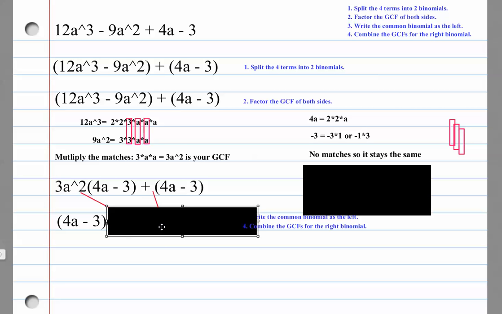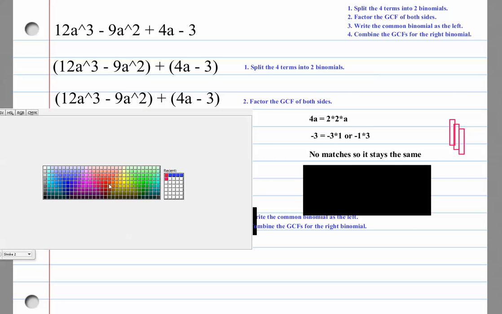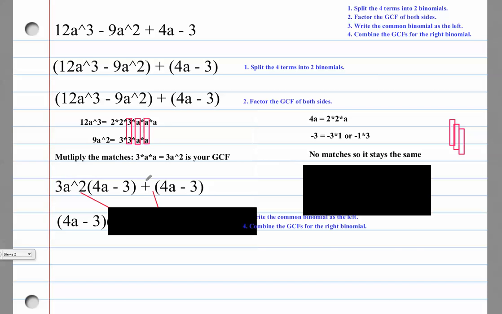And then for the right-hand side, it's the last step, which is step 4, to combine the two GCFs together. Now you noticed for 4a minus 3, there was no GCF for this one. So what we can do, it's kind of our little math trick. You've done it before for slope, and you've probably done it before for other things. We can actually put a 1 in front of that parentheses. I'll make it red so you can see it.